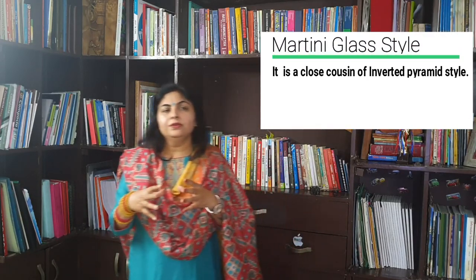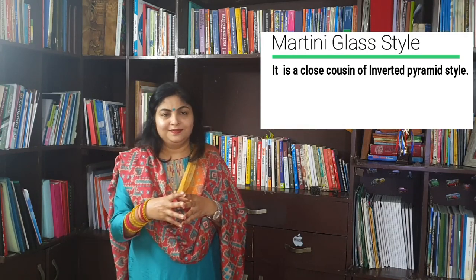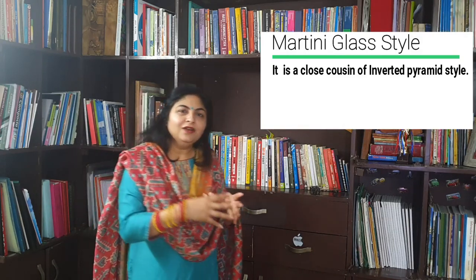So, friends, the next style is the Martini Glass style. It is a close cousin of the inverted pyramid style. It covers the most important information first and then transitions into providing a series of events in chronological order.